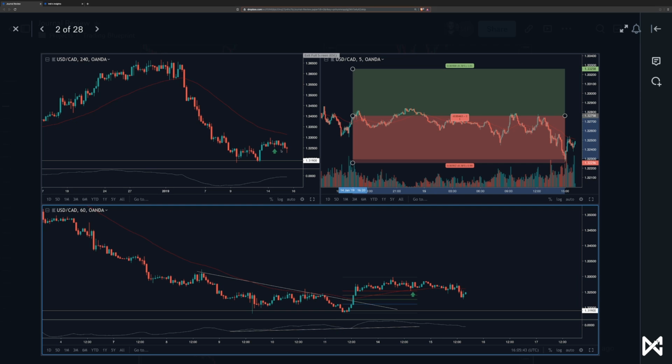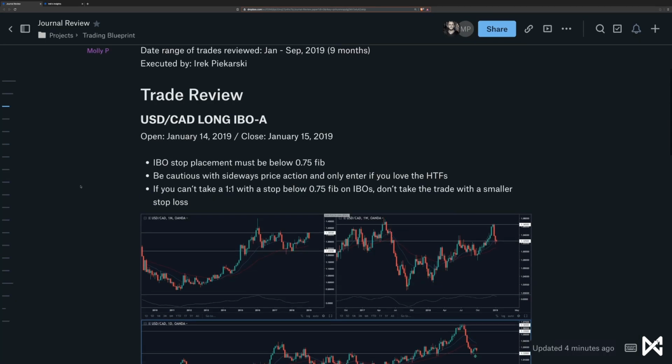The second option is you make your stop tighter so that your 1-to-1 profit is lower. But now when you tighten up your stop loss, like put it at 0.618 instead of 0.75, you potentially risk getting stopped out for no reason on an IBO setup. So that's kind of what I meant by that lesson.